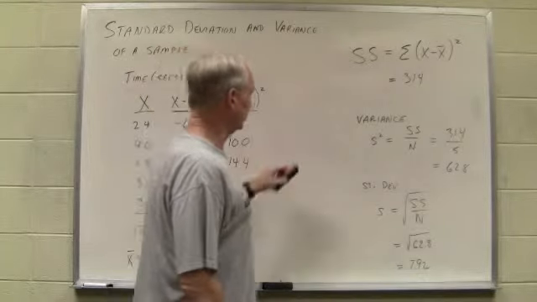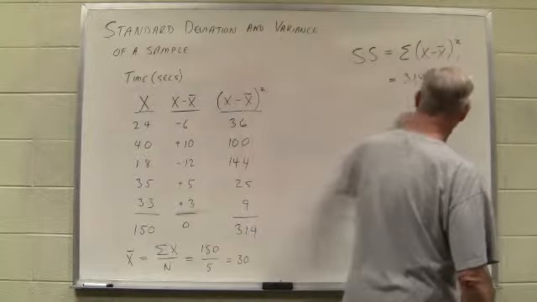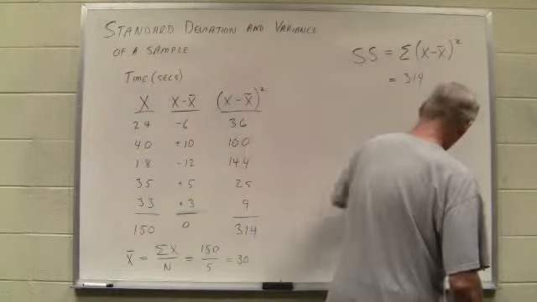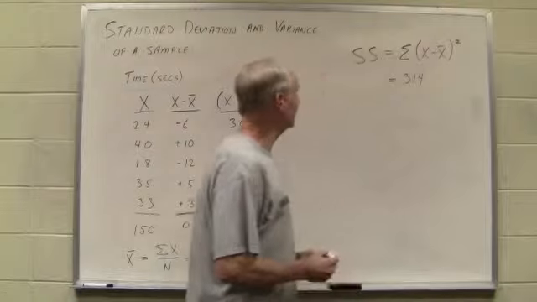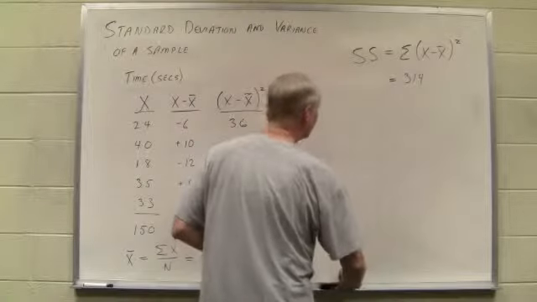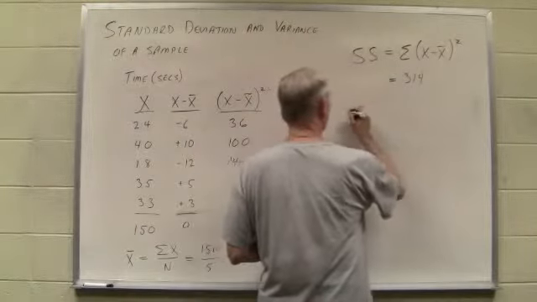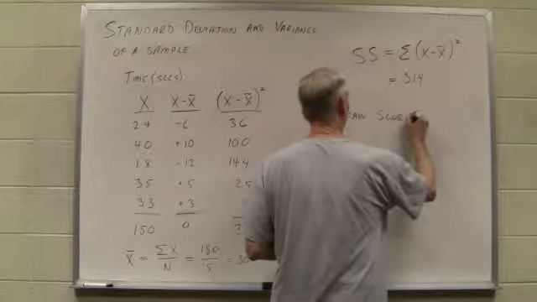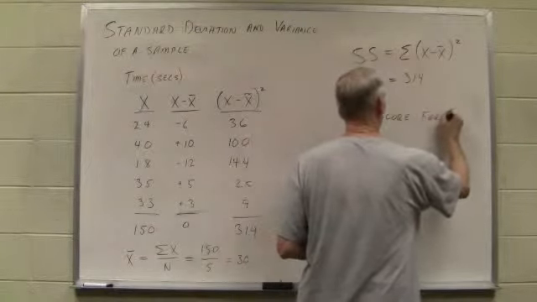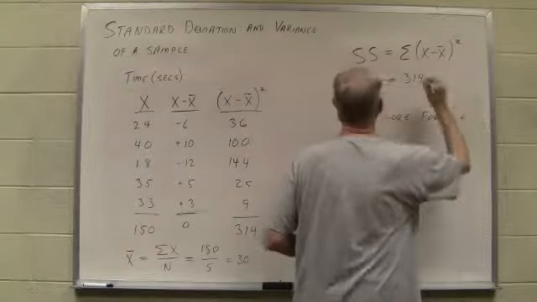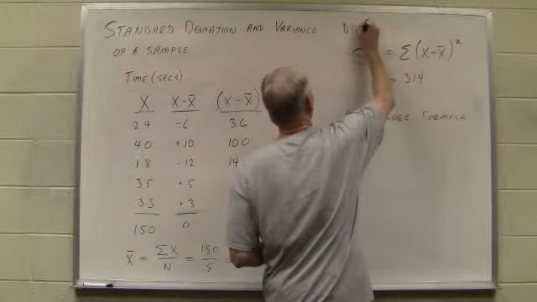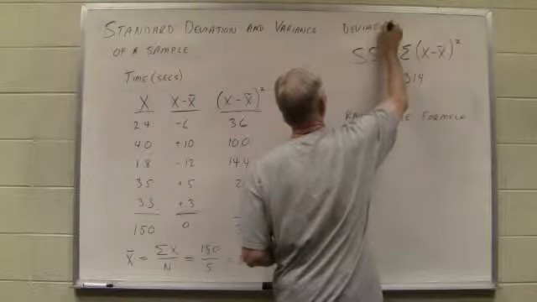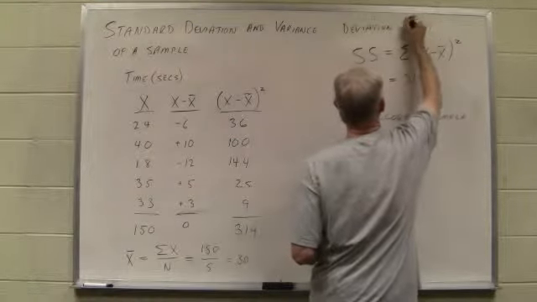So I'm going to show you that we can get the sum of squares in another way called the raw score formula. This is often called the deviation score formula.